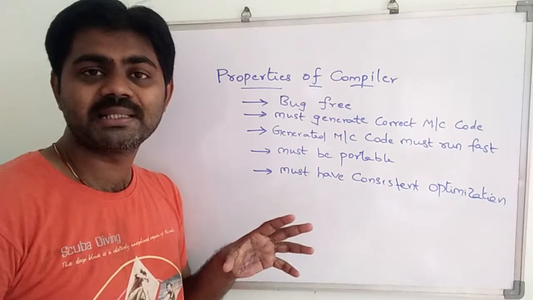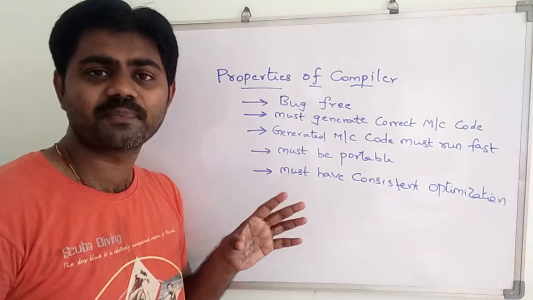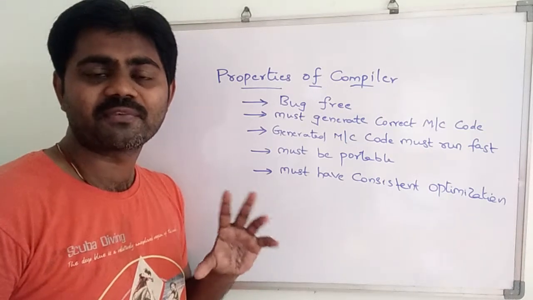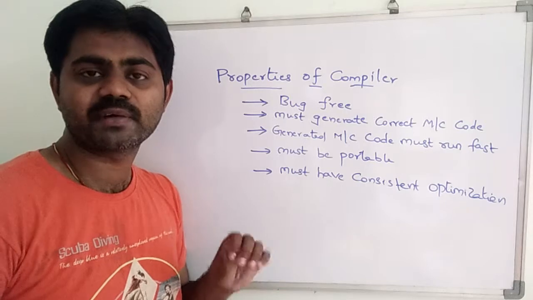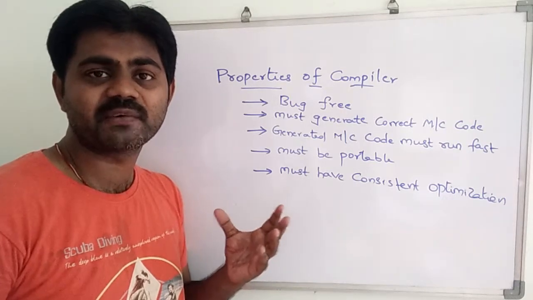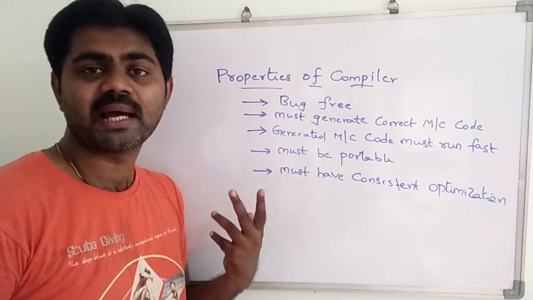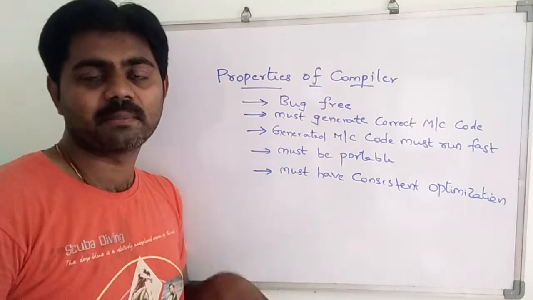So with this we learned the basics of a compiler, what the front end and back end of a compiler are, how a compiler is divided into different phases like analysis and synthesis phase, and what the properties of a compiler are.